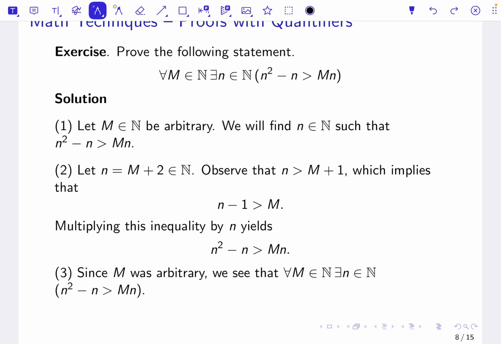So for all m, there exists an n, and we defined n as having a value that depends on m. I'll get more into why we chose that n value later.